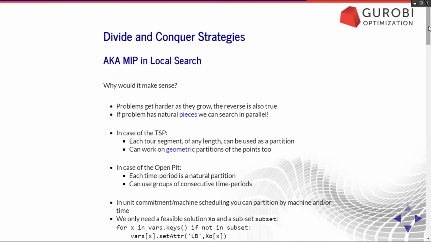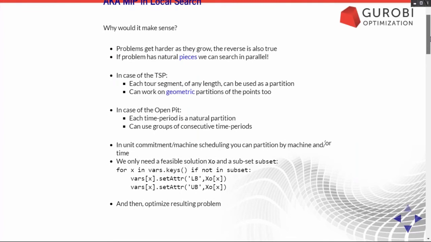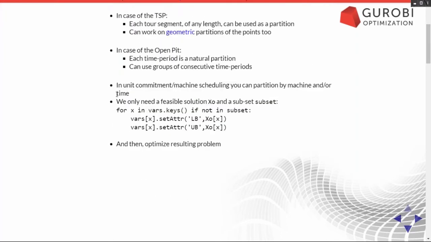And how can you do that? How can you reuse the same problem for this kind of local search? What you need to do is have a subset of variables that you're going to let be free for the optimization, and you need a starting solution because you need the solution in the rest of the problem to have reasonable values.